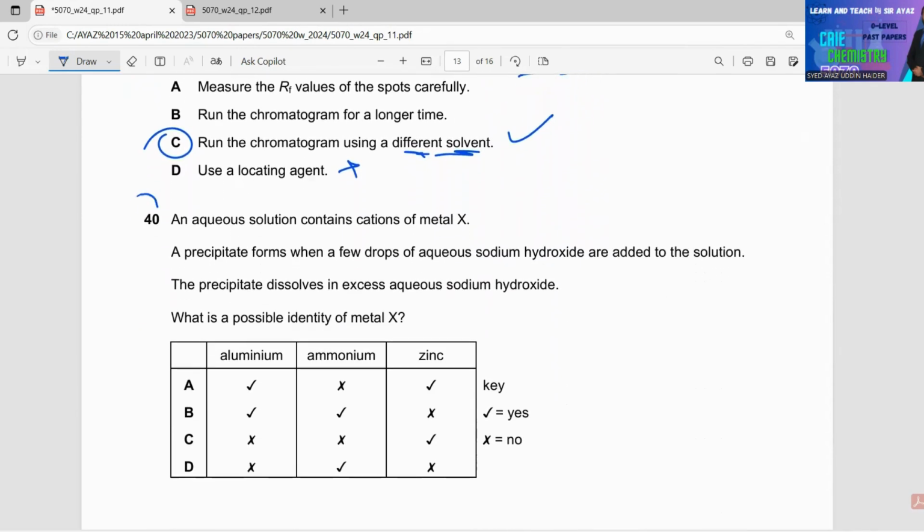Number 40. An aqueous solution contains cations of metal X. A precipitate forms when a few drops of aqueous sodium hydroxide are added to the solution. The precipitate dissolves in excess aqueous sodium hydroxide. So this tells us it contains either Al3+ or Zn2+ or both, because both of these form white precipitates which are soluble in excess.